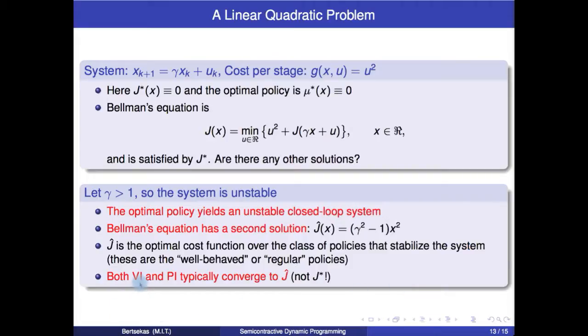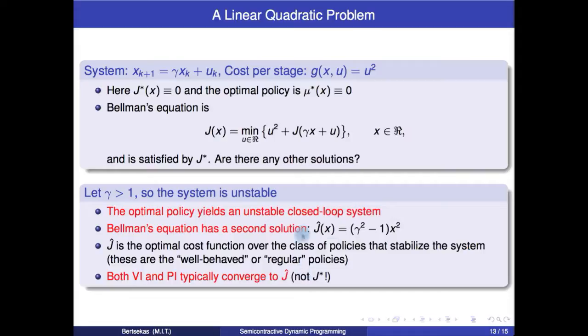Value iteration, if started with any function that's positive rather than 0, converges again to J hat, not to J star. Of course, if value iteration is started at J star, it remains at J star and converges, but that's not very interesting. In the general case, we don't know what J star is.